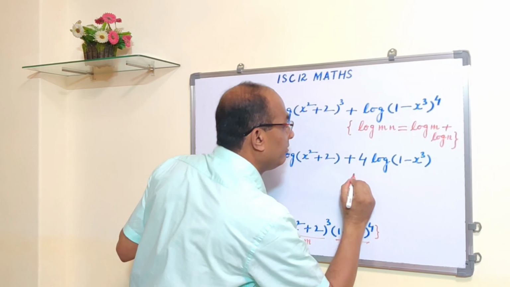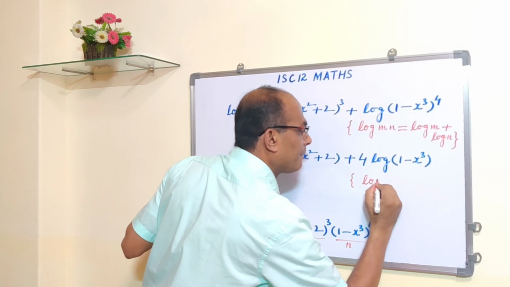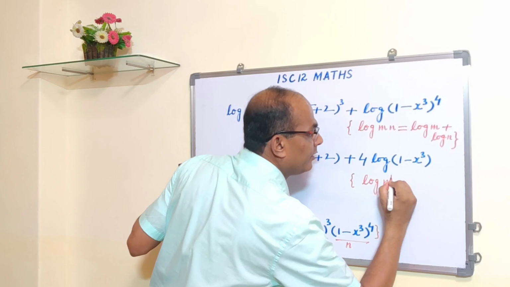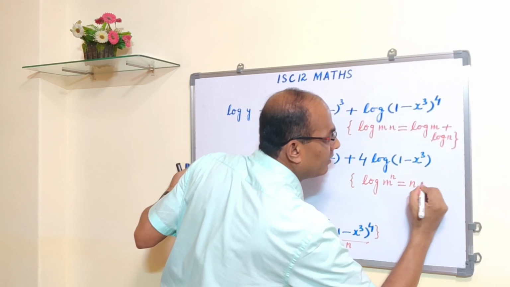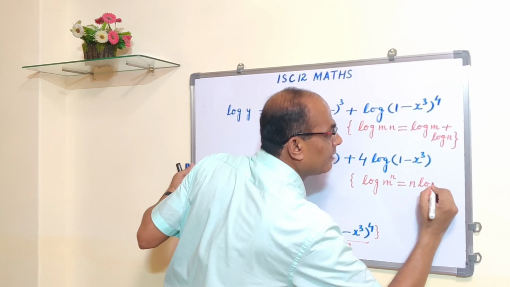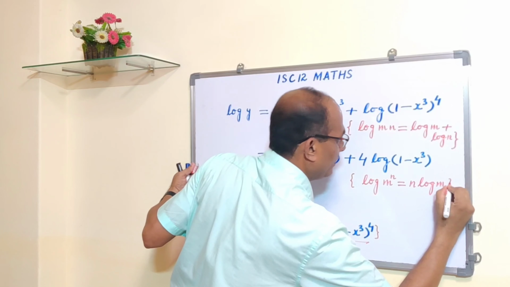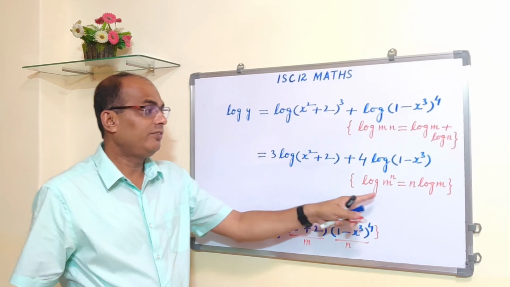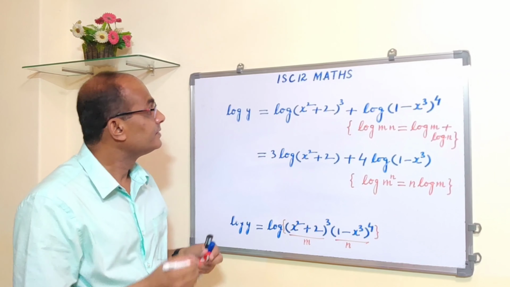The formula that we are using is log m raised to the power n is equal to n log m. Fine, we have studied this in class 9.